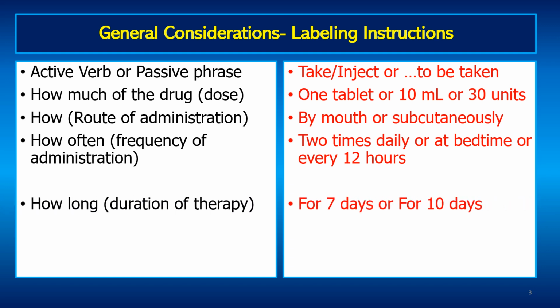Those are some frequencies. And then these are some additional information that may be included on the label as well. If it is included in the signature, and depending on the medication, you might want to replicate this in the label instructions as well. So how long, or the duration of therapy? So for some antibiotics, it may be essential for you to write the number of days. So in that case, you may be saying take it for 7 days or take for 10 days.